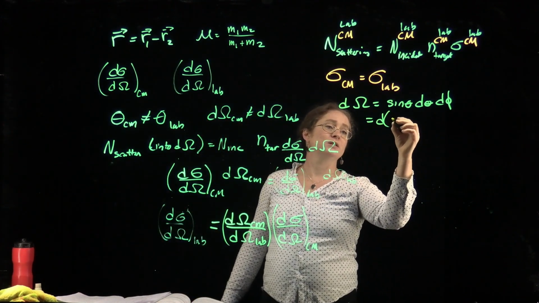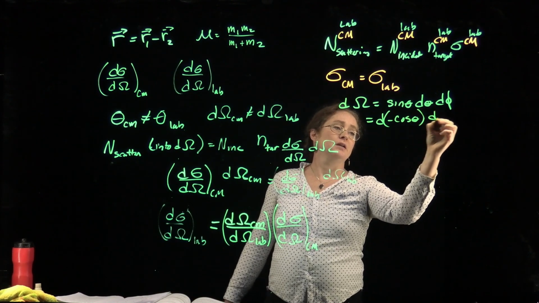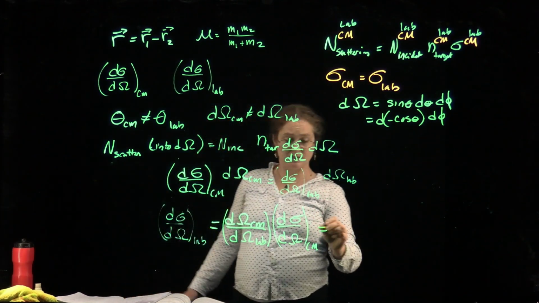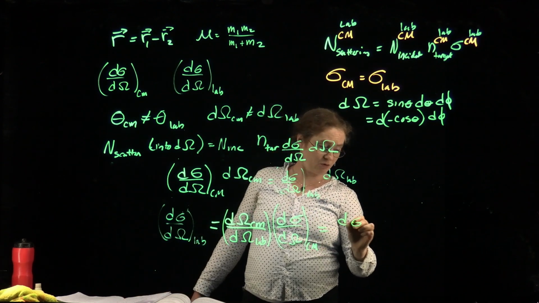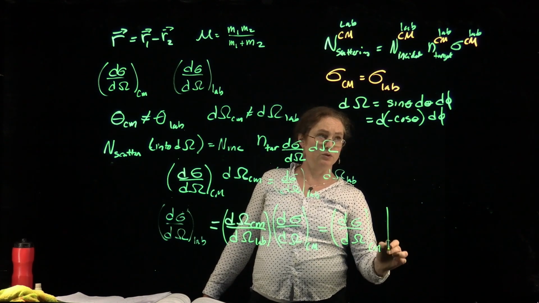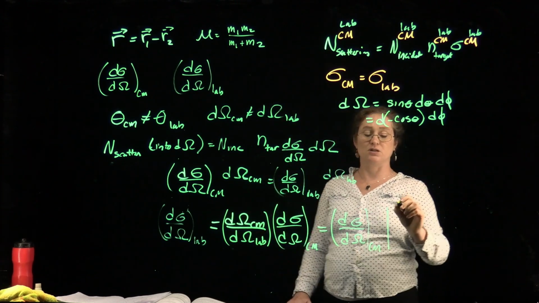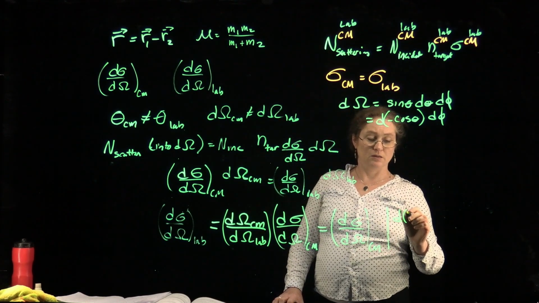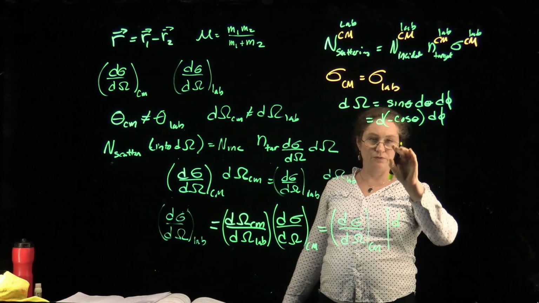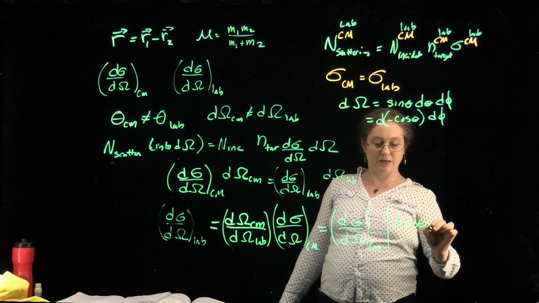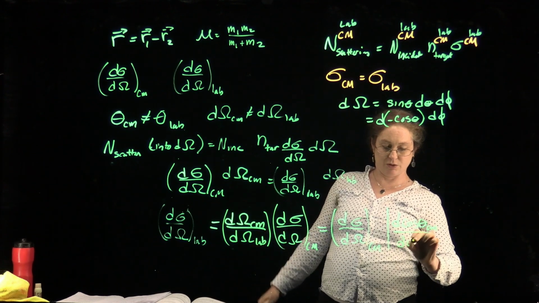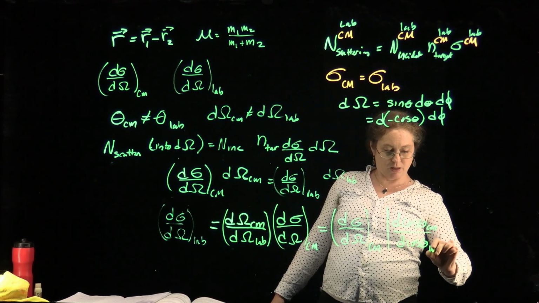I'm going to wrap this into d negative cosine theta d phi, and if I take this ratio, this is telling me that the cross-section in the lab is equal to, we have to take an absolute value because the cross-section is always positive, the negatives cancel out for the ratio, d cosine theta center of mass over d cosine theta lab.